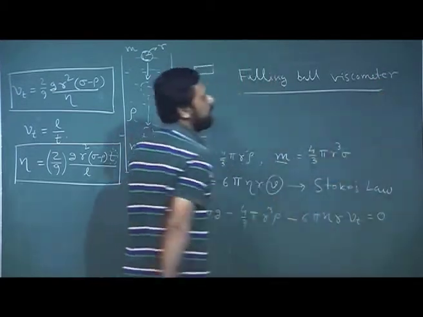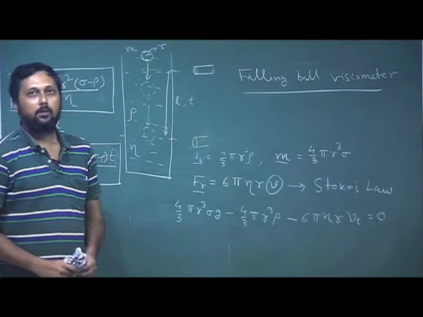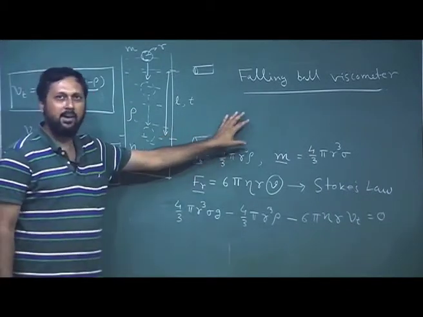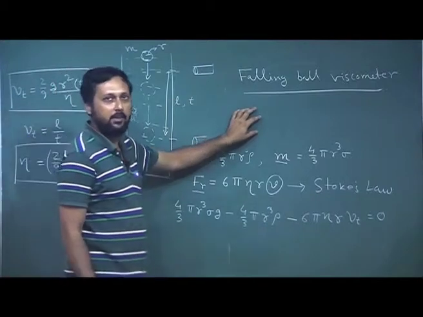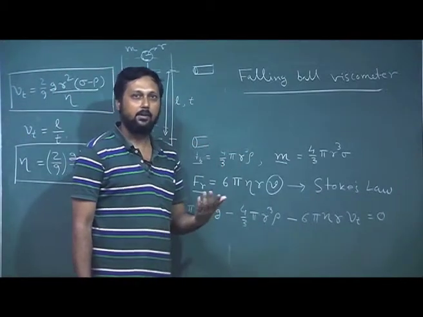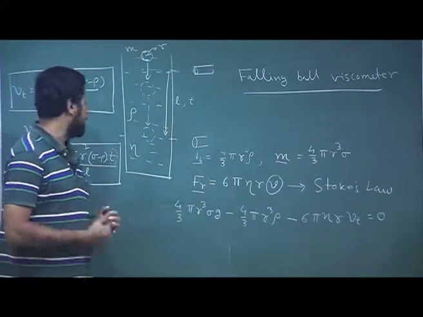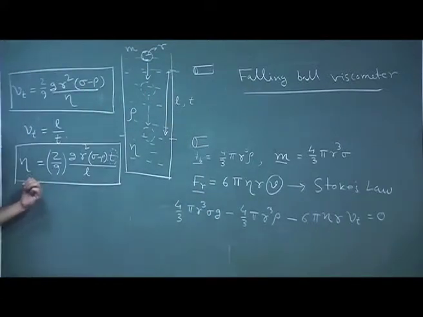Falling ball viscometer. Okay. So, it is a very simple experimental setup, but it is pretty accurate. People use it in their laboratories in order to get a first order estimate of the viscosity eta of the fluid. Also in industry people use it a lot.